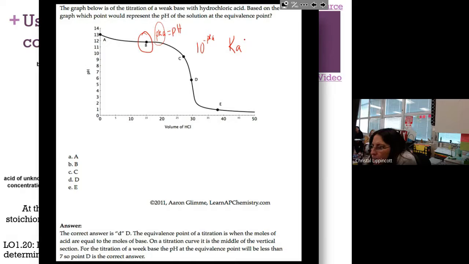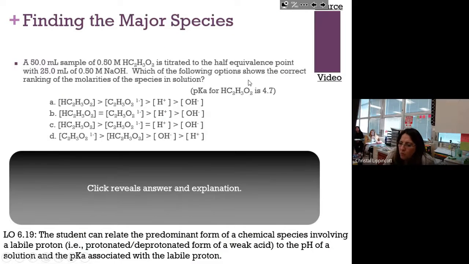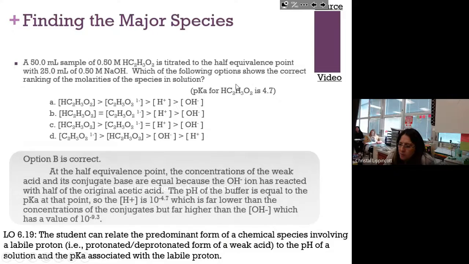Okay? And then you can use that to set up your equations. So that is a very important point on that graph. All right, next one you should have ended up with B as your answer. Questions on that?